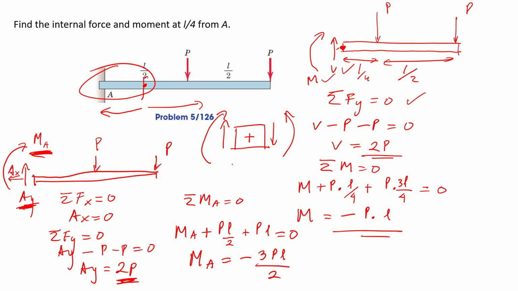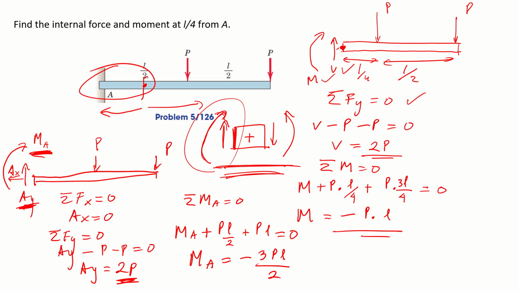Because just now I told you that the positive signs are like this. On the left cut, on the left of a particular structure, V is positive going up and moment is positive like this.